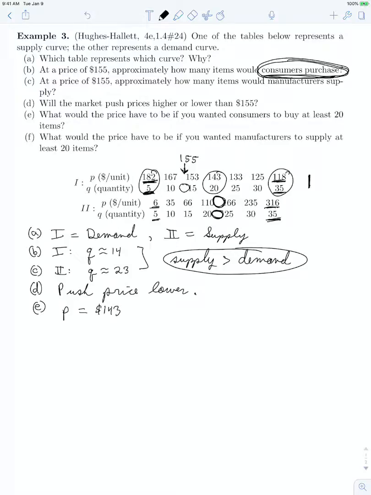In part B, we started with the price and then read the quantity Q, and now we're starting with the Q and reading backwards to get the price. And in part F, what would the price have to be if you wanted manufacturers to supply at least 20 items? Again, supply is table 2. We look at 20 items, and the price would be 110. So again, we're just reading the table backwards.